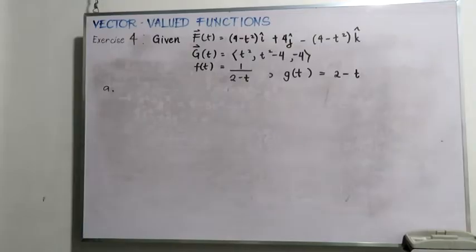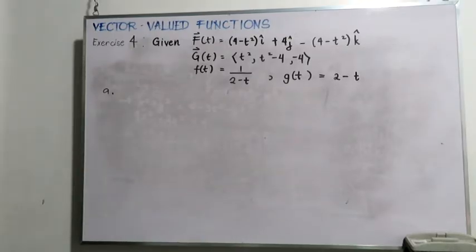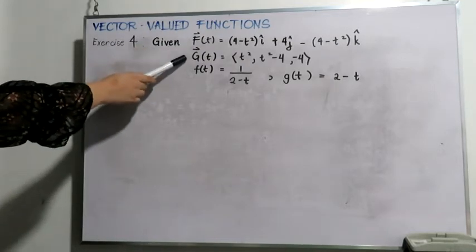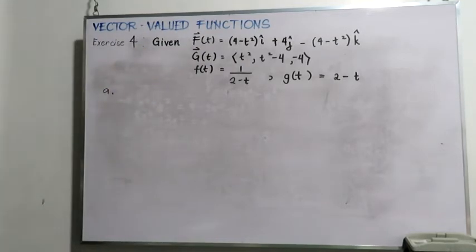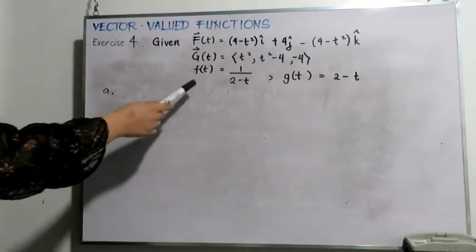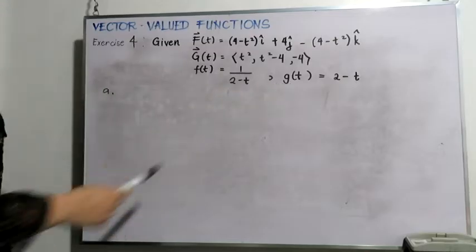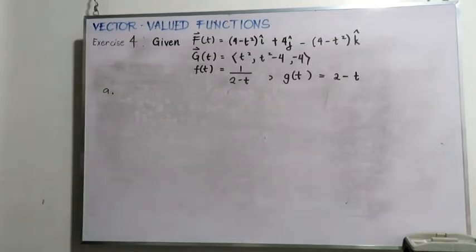Now, the last few exercises we will be doing are quite straightforward since we will only be familiarizing ourselves with operations on vector valued functions. For the rest of the discussion, we will be using the two vector valued functions denoted as capital F and capital G, defined as follows, and the two real valued functions denoted small f and small g, defined as follows.